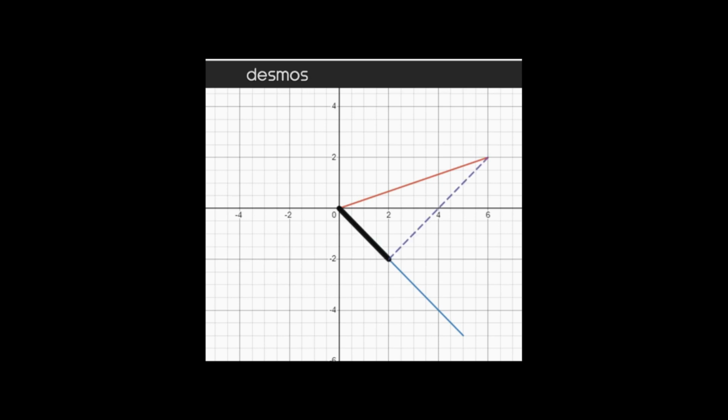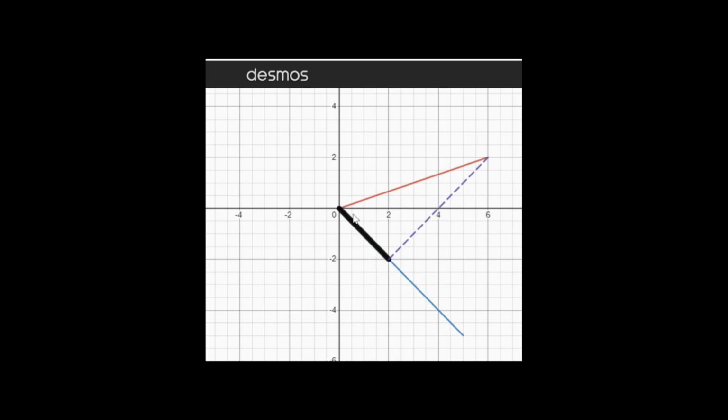And essentially what that means is dropping a perpendicular, dropping this at a right angle onto the vector that we're trying to project on. So this is projecting the red U onto the blue V.